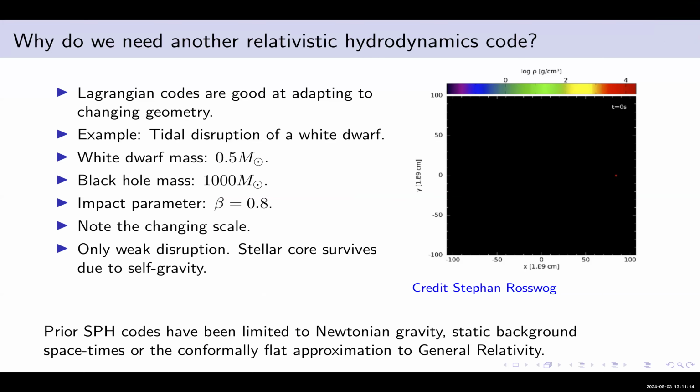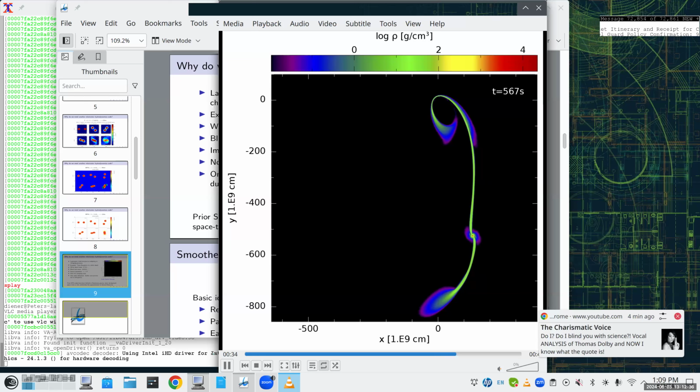And you can see that it walks around the black hole again, and then this will intersect over here. And I think doing this with a Eulerian code would be pretty hard. You have to work hard to have the grids adapt to something like that. So let's just see that again.